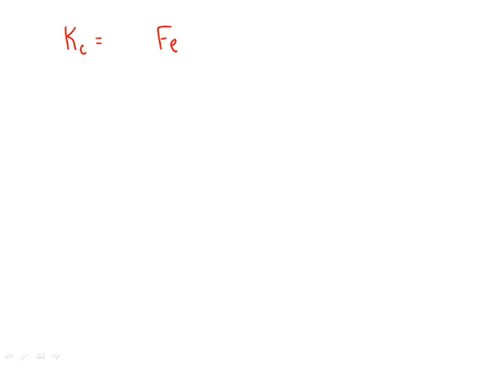Now remember, the system you're dealing with is iron 3 plus and the thiocyanate ion, SCN minus 1. And so that sets up an equilibrium system, and it makes this FeSCN minus 2.